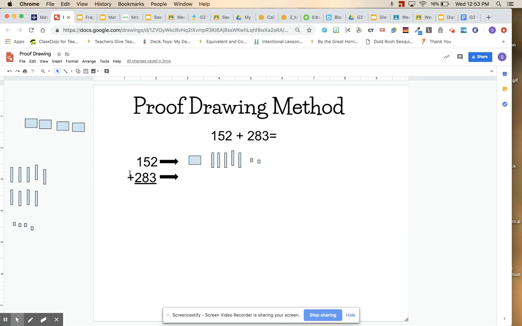I'm looking at the hundreds place, and I see there is a 2, so I know that represents 200, so I need 2 flats. I'm then going to go over to the tens place, and I see that there is an 8, and I know that represents 80, so I need 8 rods.